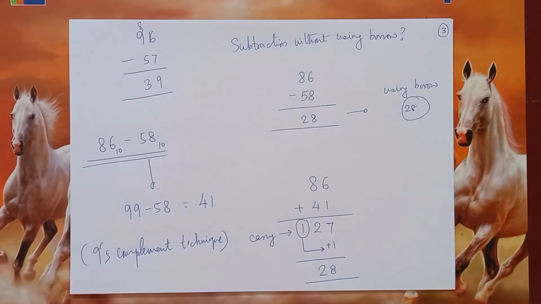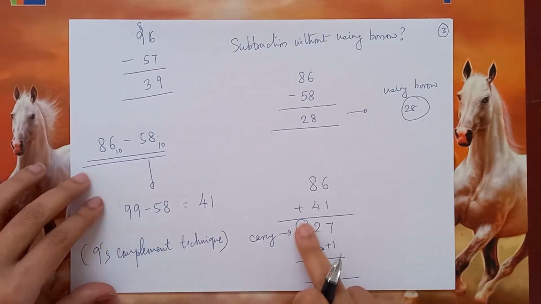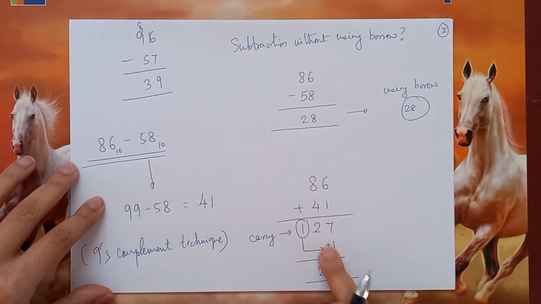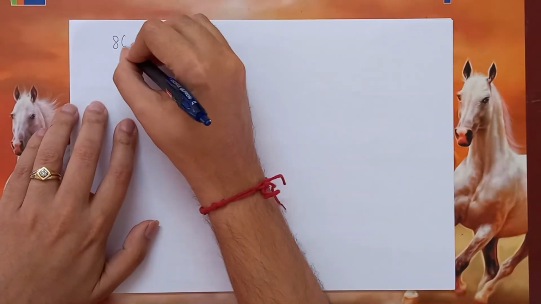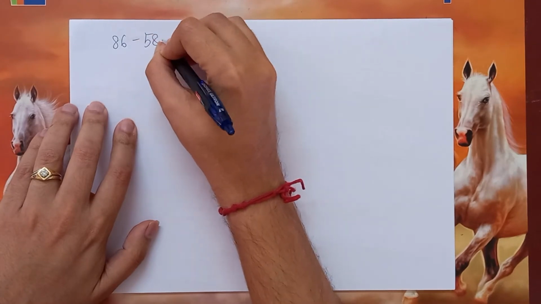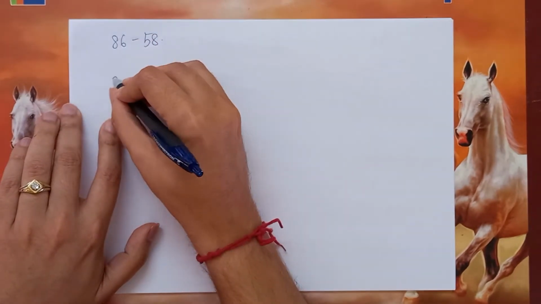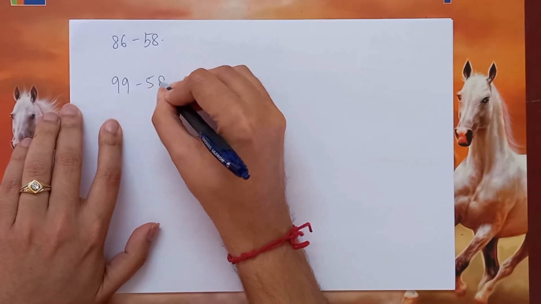Similarly, let us look at another technique which is a very slight modification of this, where rather than adding the 1 at the end, we are going to pre-add the 1. Let's take the same set of numbers, that is 86 minus 58. Once again, I will subtract the second number from 99.